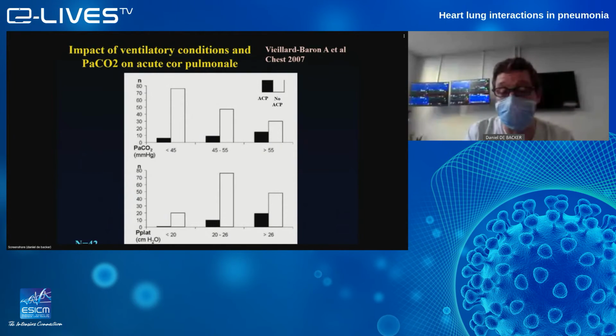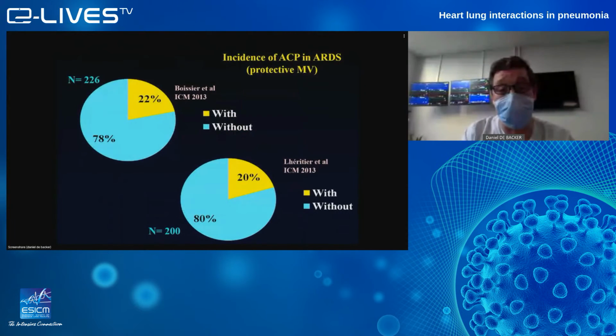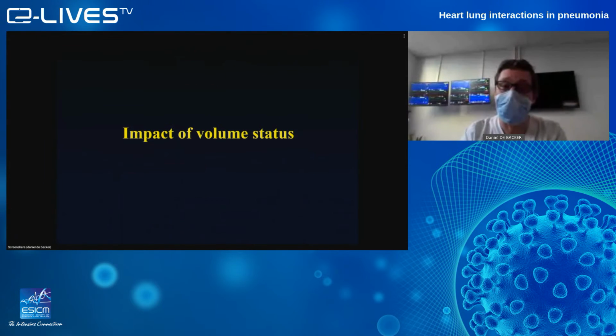And also the plateau pressure is a very important factor leading to acute cor pulmonale. The actual incidence in, let's say, normal ARDS patients is around 20%. We do not know exactly what the actual incidence of acute cor pulmonale is in patients with COVID-19. This still needs to be evaluated in these patients.